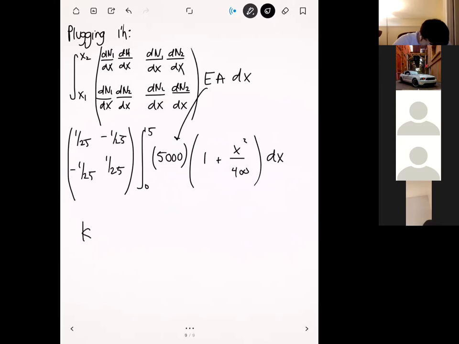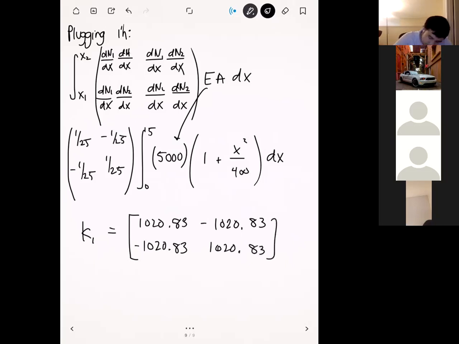After performing all that arithmetic and integration, for the first element stiffness matrix you get 1,202.083, minus 1,202.083, minus 1,202.083, and 1,202.083.